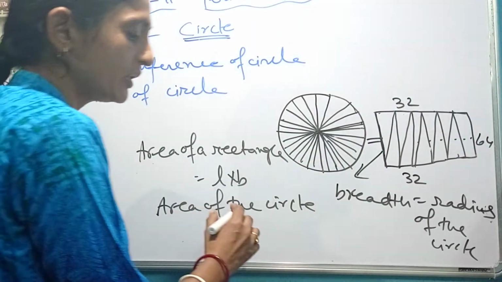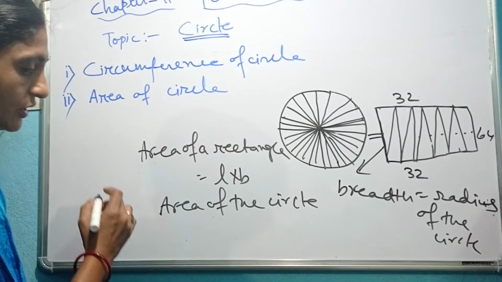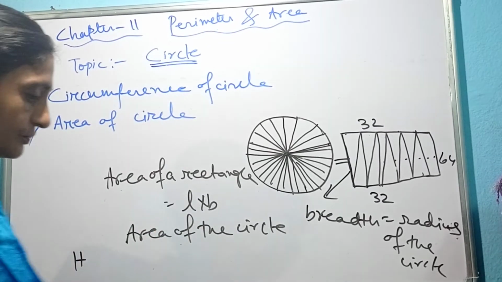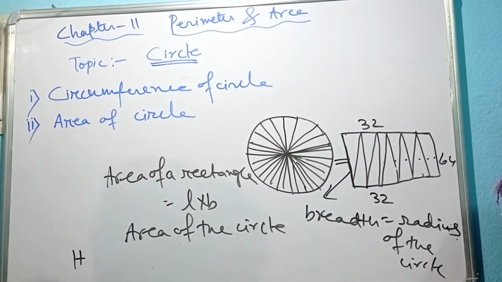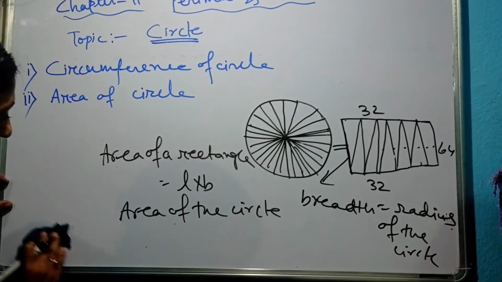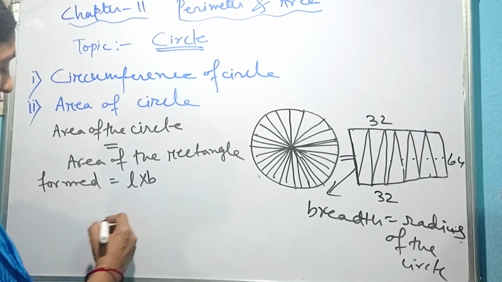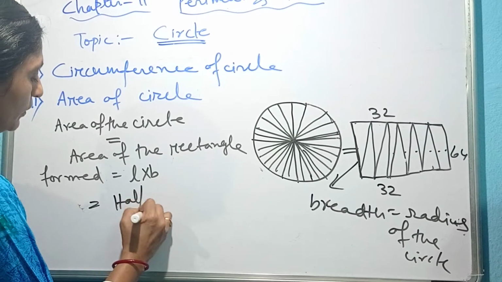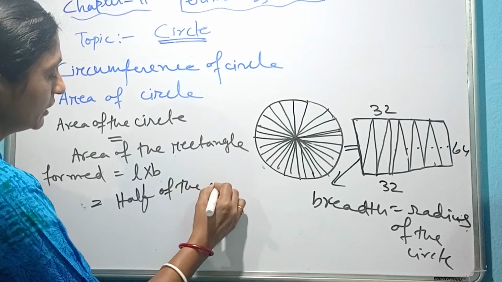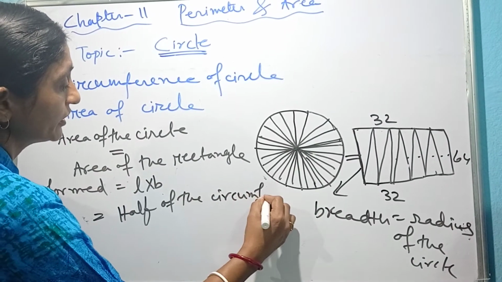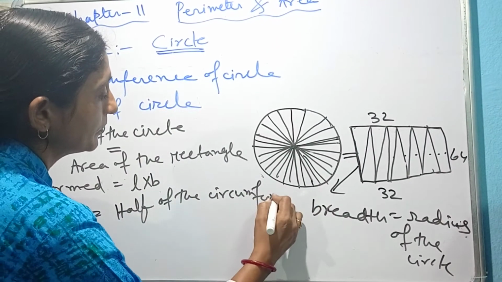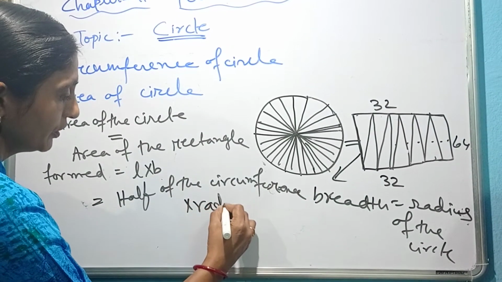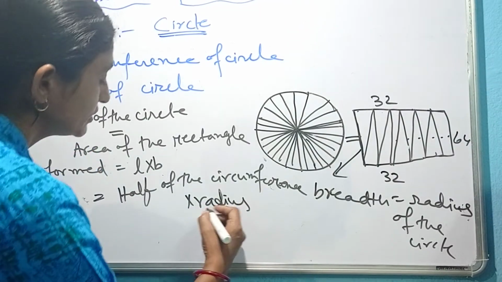So here, half of the circumference, if we consider it like that, times the radius is equal to how much?